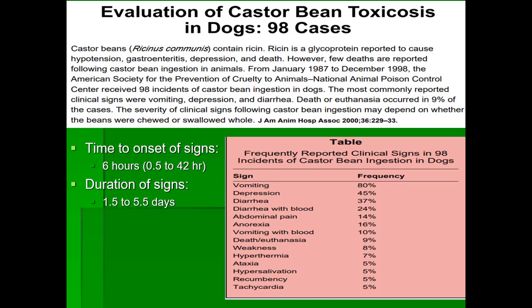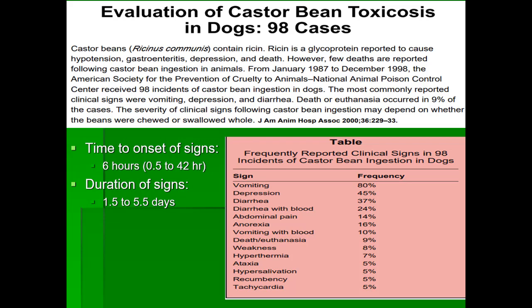The first thing is to highlight that 99% of the dogs died, and 3 of those had to be euthanized. The signs in this list most frequently develop within 6 hours following the ingestion, but that range from half an hour all the way up to 42 hours, and the duration of signs was from 1.5 to 5.5 days.